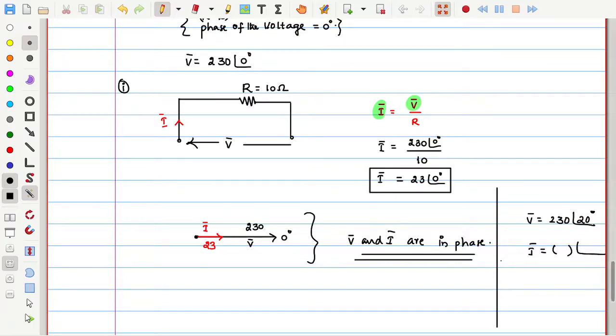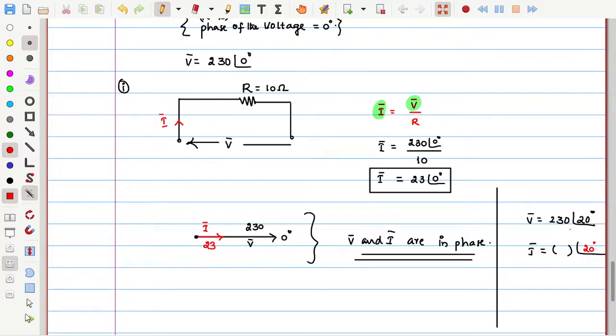From this statement, voltage and current are in phase for a resistor. That means if the voltage angle is 0, the current angle is also 0. That is the meaning. So can I say this angle is also 20 degrees? Then only the angle difference between voltage and current will be 0. Then only we can say both are in phase. Got my point?